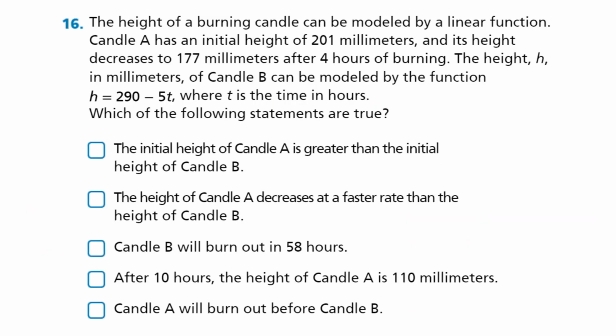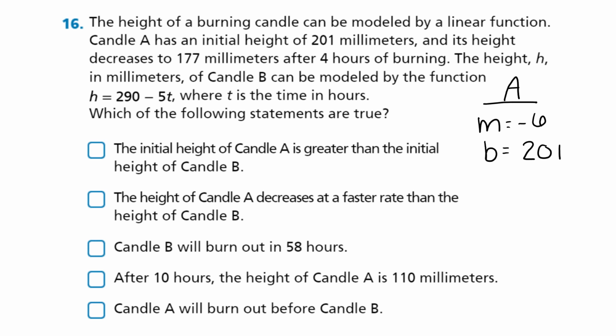A burning candle can be modeled by a linear function. So for candle A, we have an initial height of 201 millimeters. So that's going to be our B value, the initial value, the starting height. And its height decreases to 177 millimeters after 4 hours of burning. So if we are decreasing, at what rate? That would be a rate of -6.